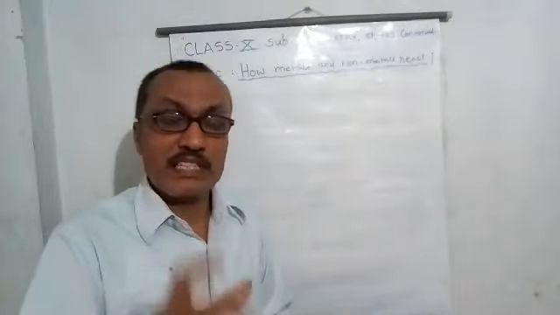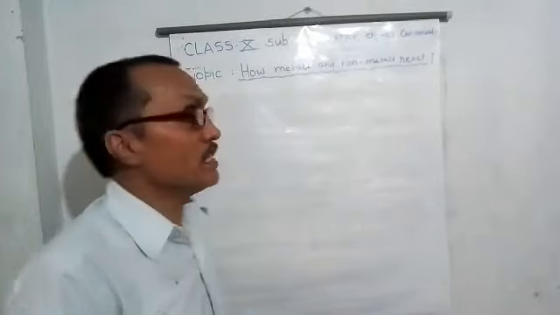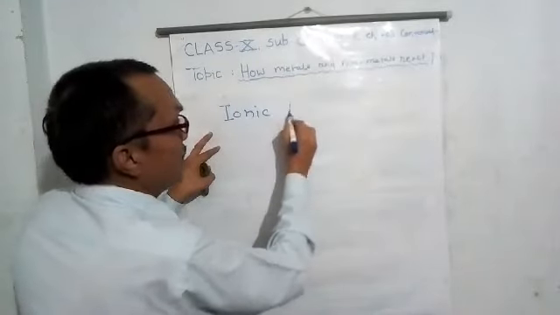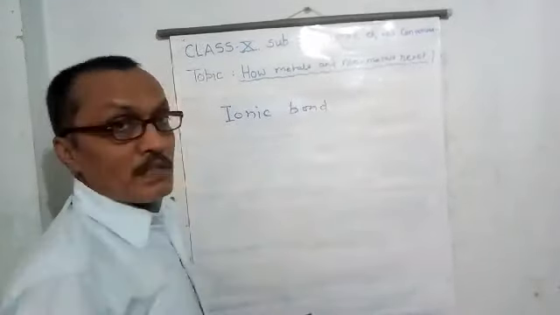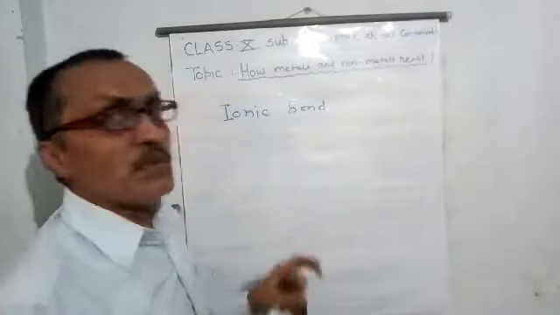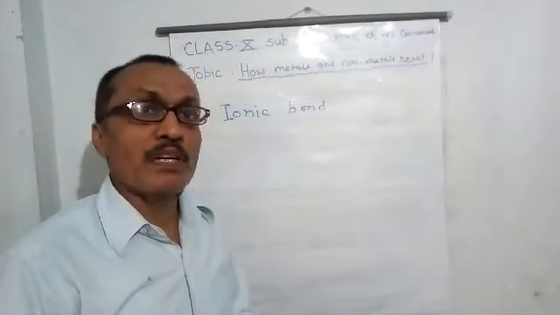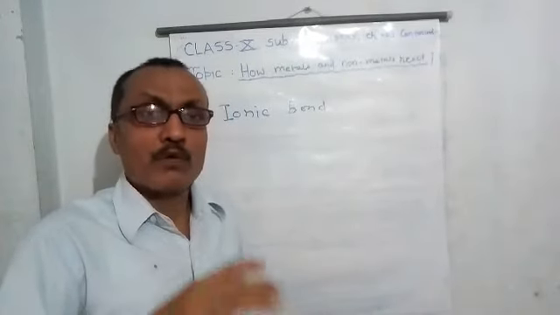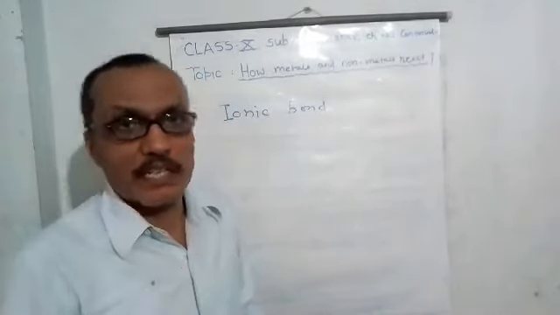That bond is said to be ionic bond. Ionic bond is formed by the transfer of electrons from one atom to another atom.